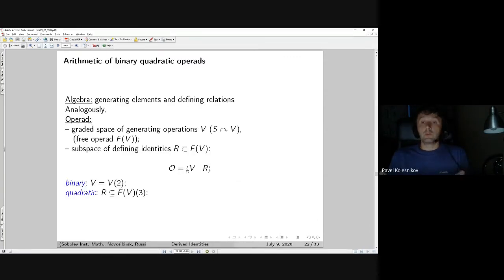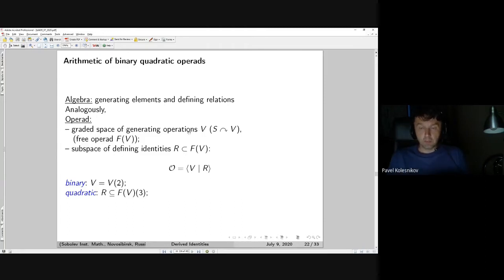As you definitely know, an arbitrary algebra, say in a variety Var, may be defined by generators and relations. The basic thing in algebra. In the very same way, an arbitrary operad may be defined by a space of generating operations. Let me denote it simply by V.